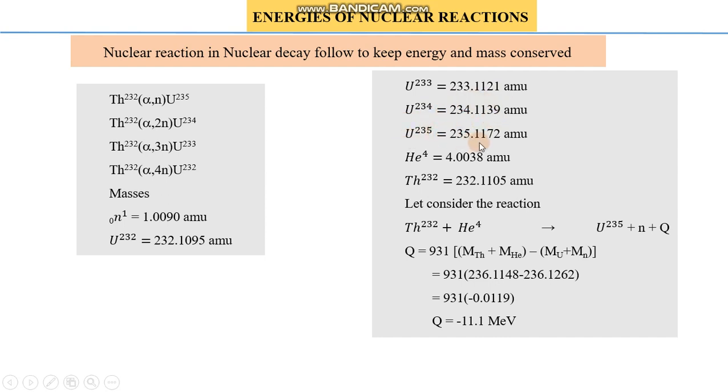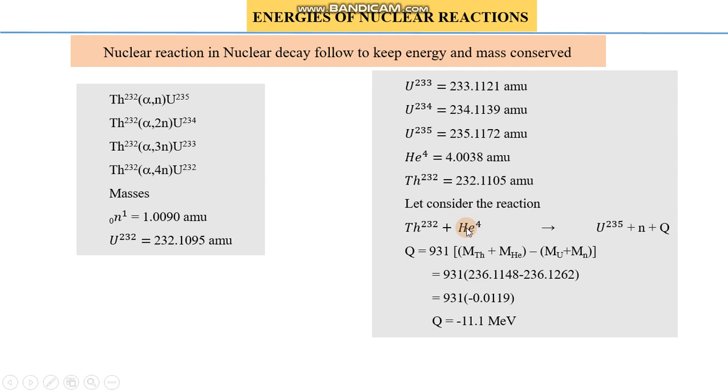Mass of uranium-235 is 235.1172 AMU. For helium it is 4.0038, and for thorium it is 232.1105 AMU.